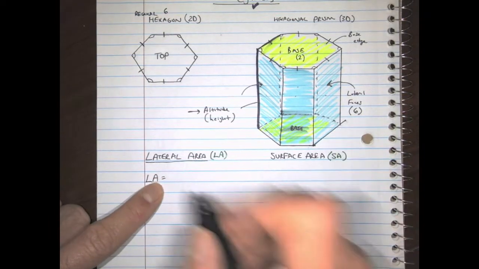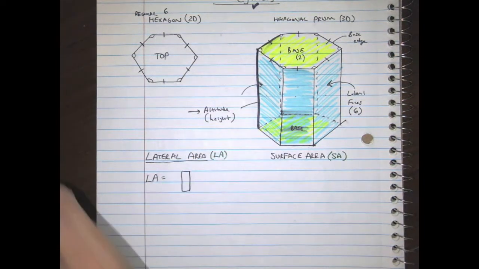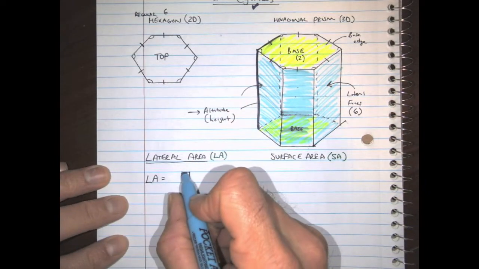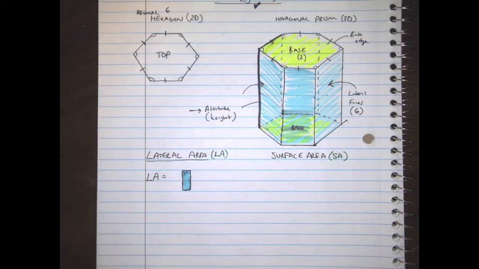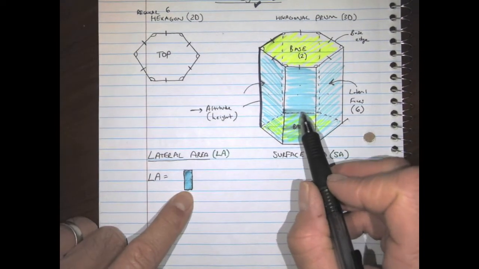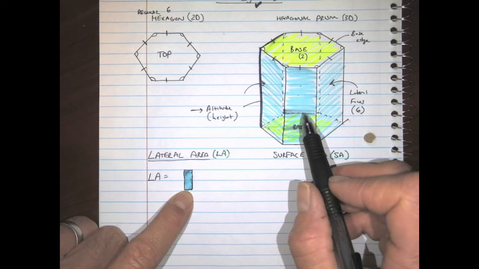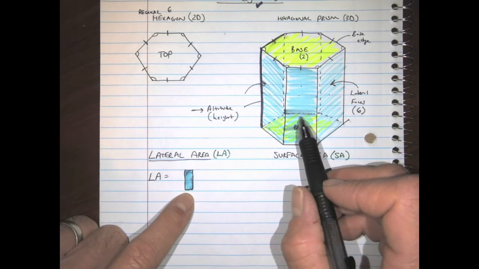The lateral area is if you take the area of one of these blue, I'm making it blue, just so you can see what's going on here. If you find the area of one of these blue rectangles, and going back to chapter 11, which, hey, we just took the quiz on, hopefully it was okay with you.